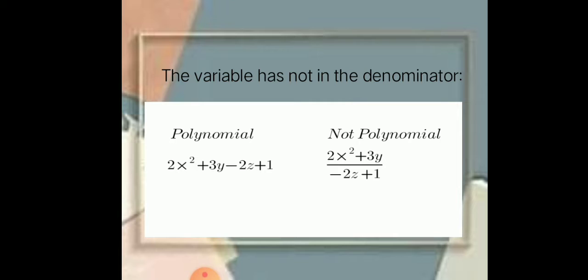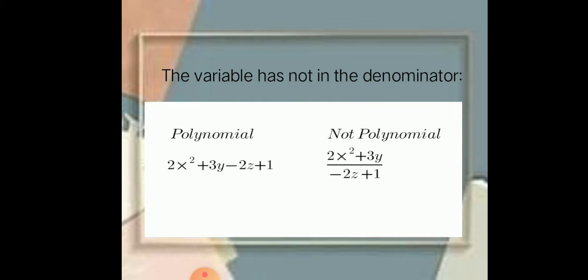So, there is a variable in the denominator. So, meaning, it is not a polynomial. It is okay if it is only negative 2 plus 1, but there is z in the denominator.